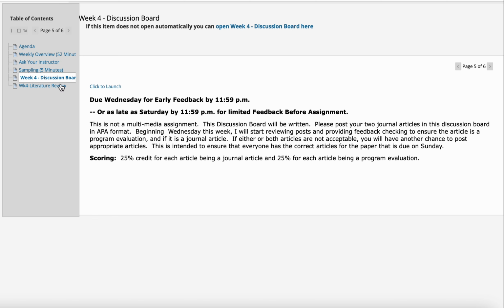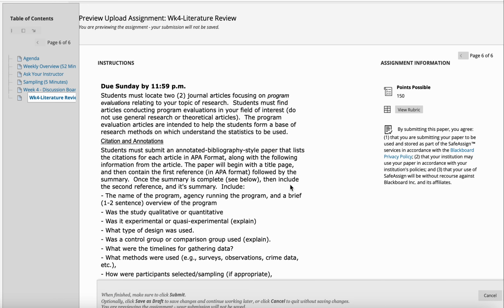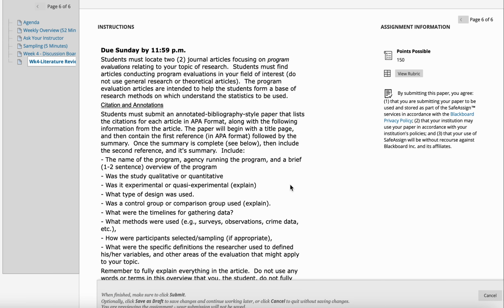And then that leads us into our week 4 assignment, our literature review. Once again, we're working off of our Sunday 11:59 time frame. Students must locate 2 articles focusing on a program evaluation relevant to your topic of research. Students must find articles conducting program evaluations in your field of interest.